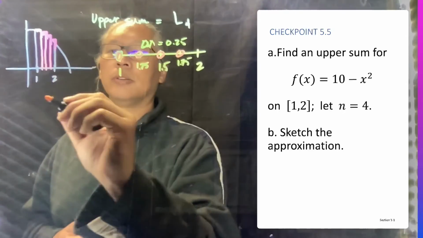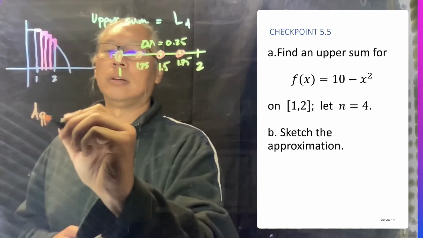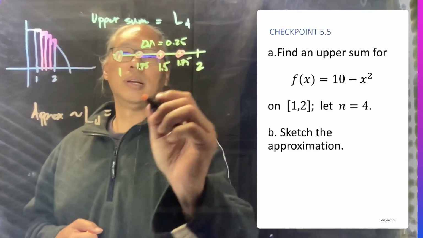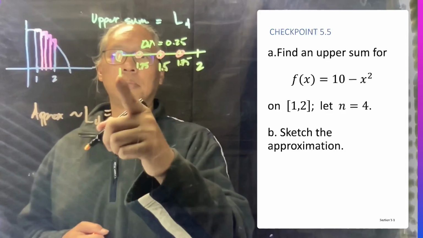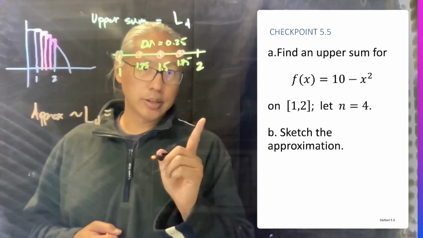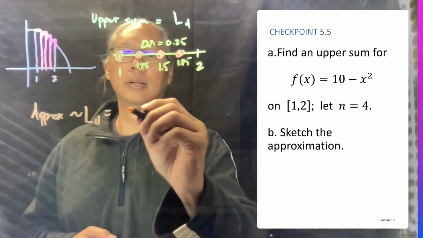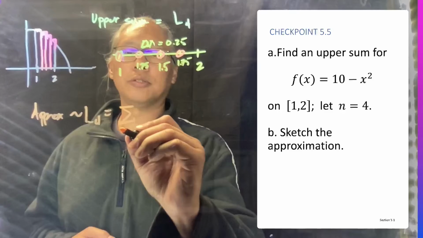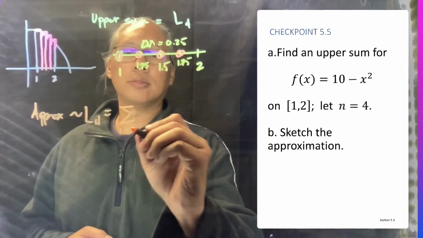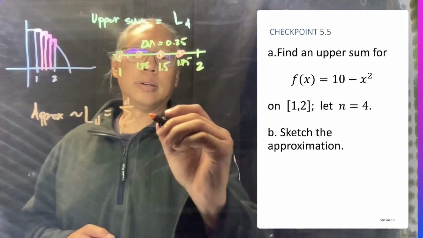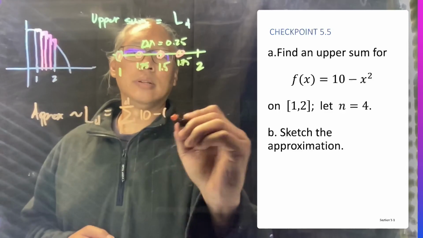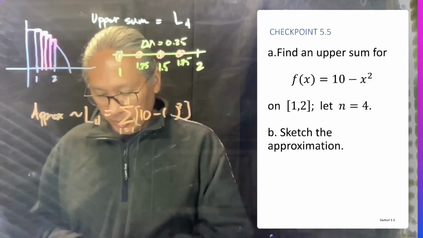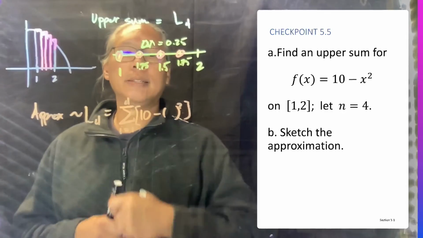So the sum is going to be the approximation, L4. And that is going to be putting this into the function. Our function is f of x is equal to 10 minus x squared. Let's do the summation notation first. i goes from 1 to 4, and in this function, we will put x sub i.